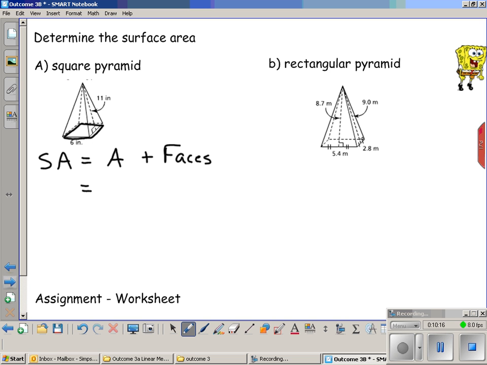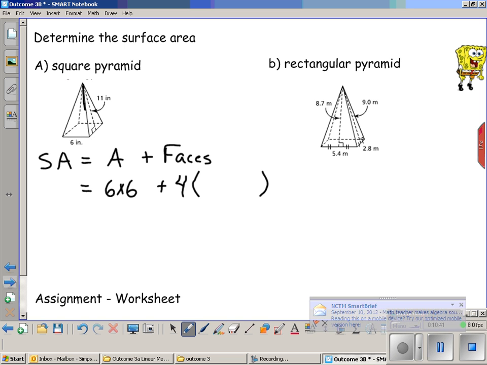If it's a square, we're going to do length times width, which in this case is 6 times 6. And then we have to add in the area of the faces. Because our base is a square, all 4 faces, or all 4 triangles, are going to be exactly the same size. So we're going to do 4 times the area of one of those.